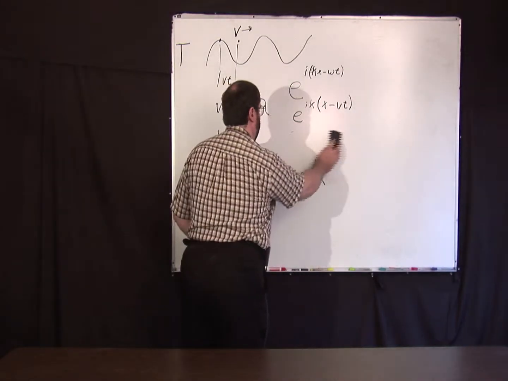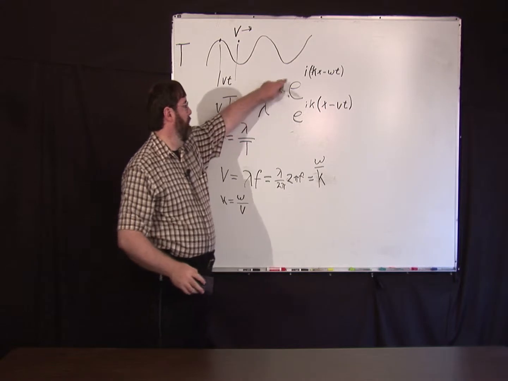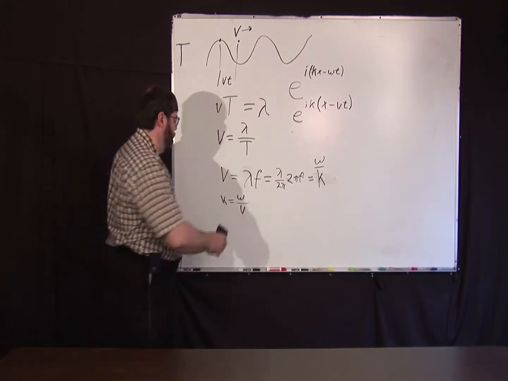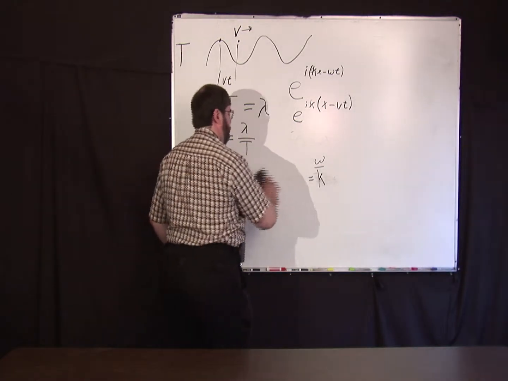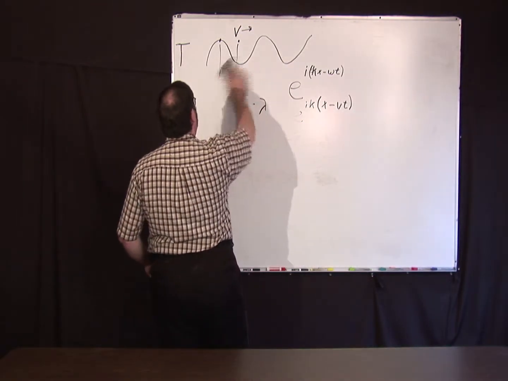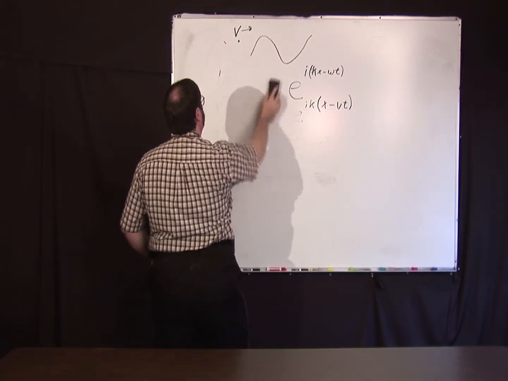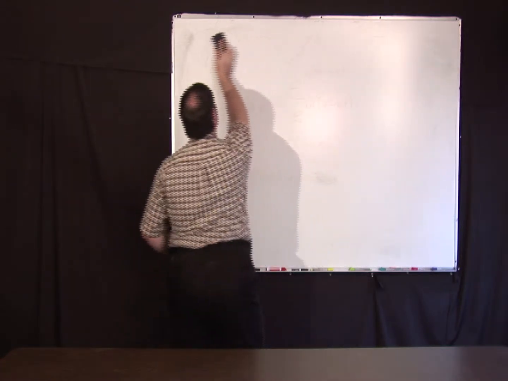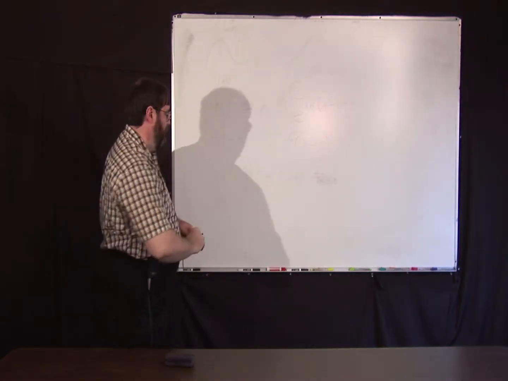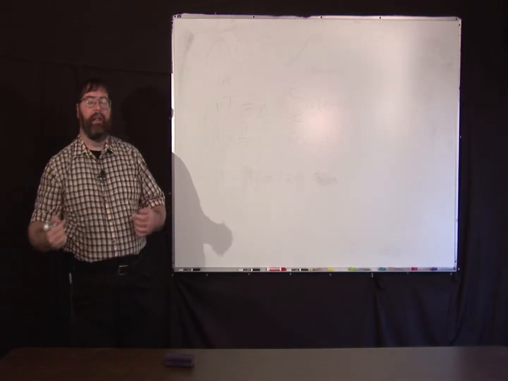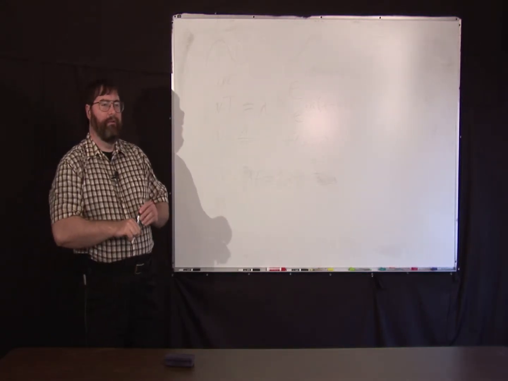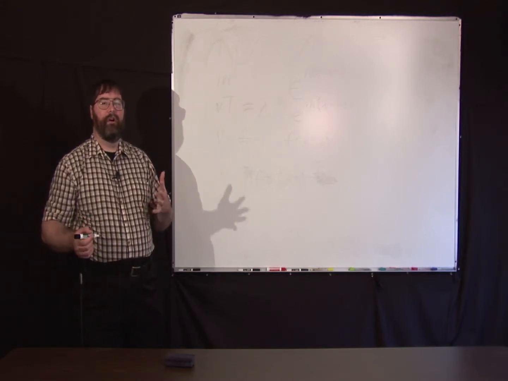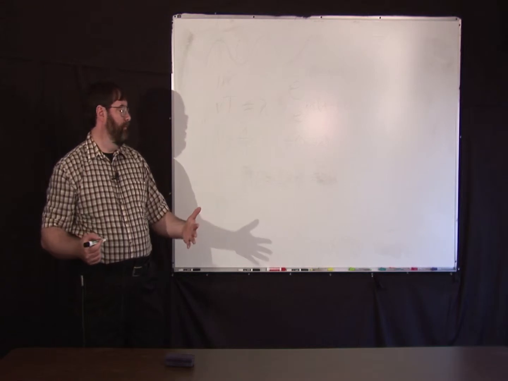So we're talking about a particular direction, and that's in one dimension. We're going to jump right away to 3 dimensions. There's something called a plane wave. A plane wave is a wave where the surfaces of constant phase are planes.